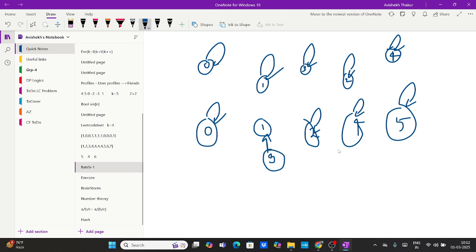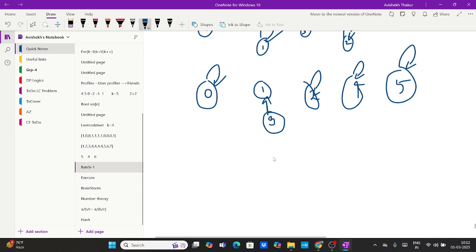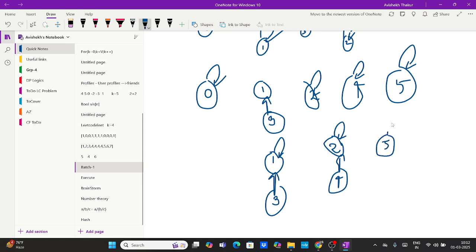Shall we merge 2 and 4? Okay. Let's say we merge 2 and 4, and I'm just randomly making that. Since the sizes are equal, we are doing this, and now we have this.